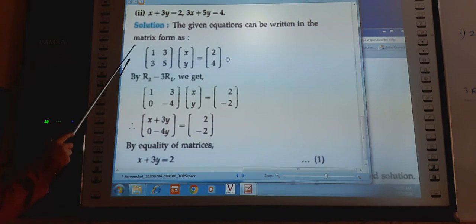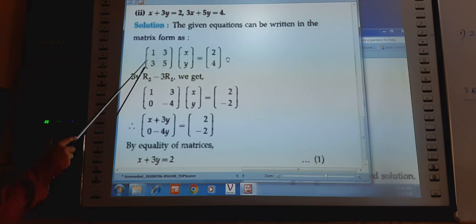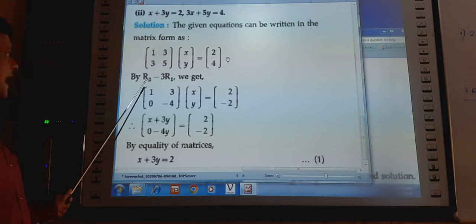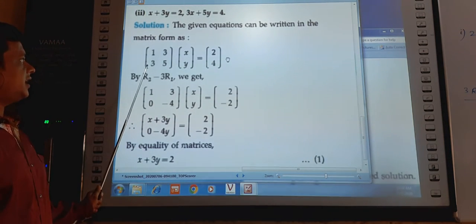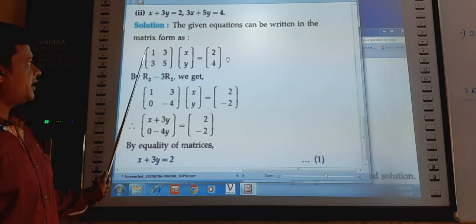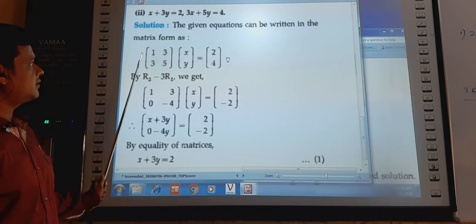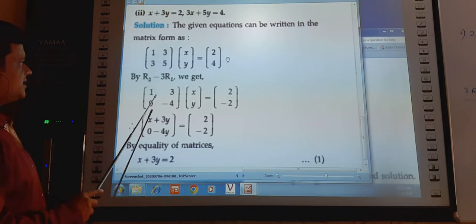Now we have to reduce this coefficient matrix to upper or lower triangular matrix. Here is 1, so we reduce this 3 to 0. For that we use elementary transformation, R2 minus 3 times R1. R2 is 3, R1 is 1, so we multiply the first row element by 3, so 3 minus 3 is 0. Keep the first row as it is, 1 3.